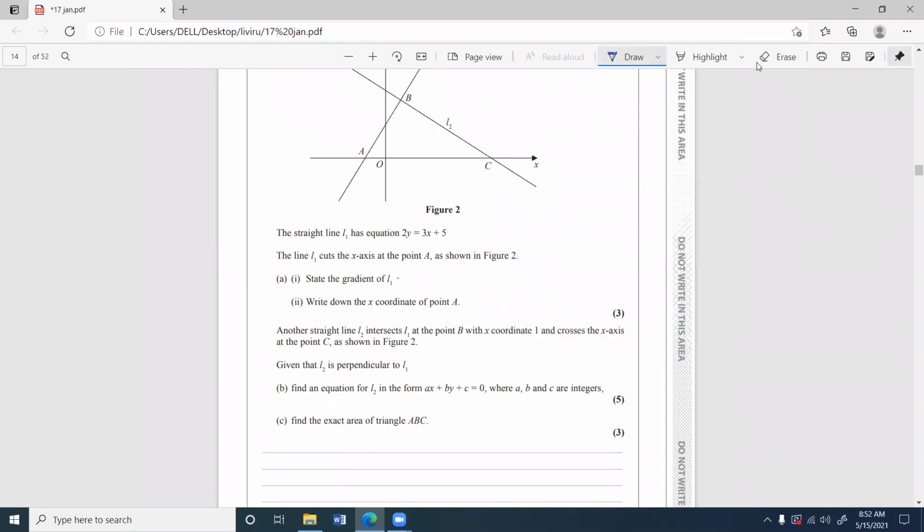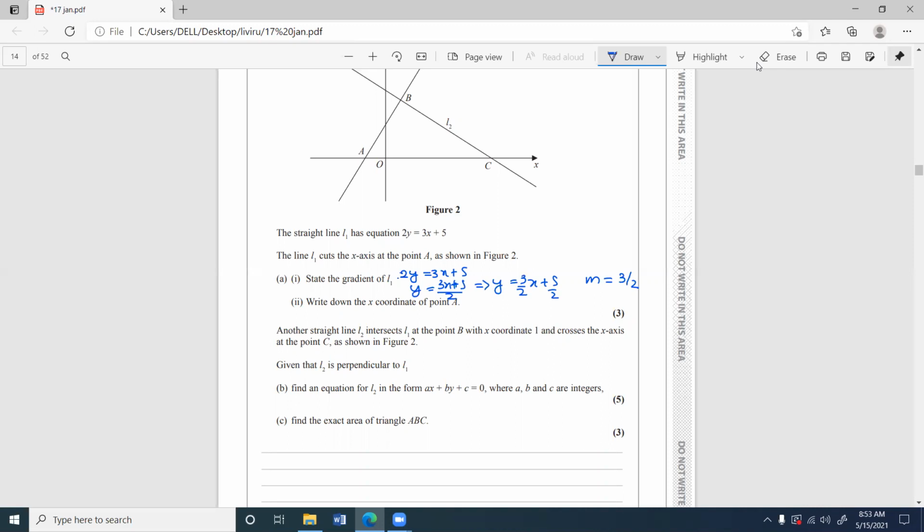So here we know that this function is 2y equals 3x plus 5. From here you can write y equals 3x plus 5 divided by 2. So with this you can write y equals 3 over 2 x plus 5 over 2. That means the gradient is 3 over 2.